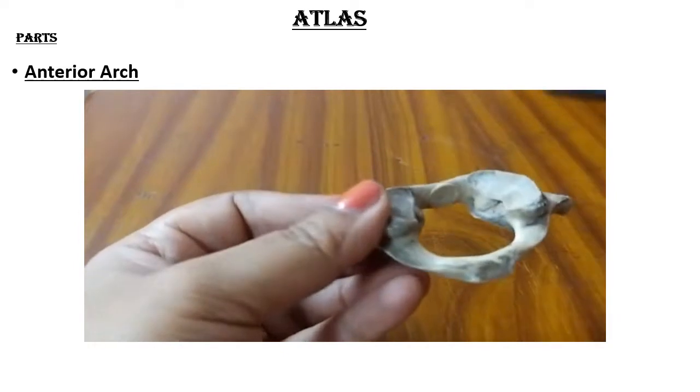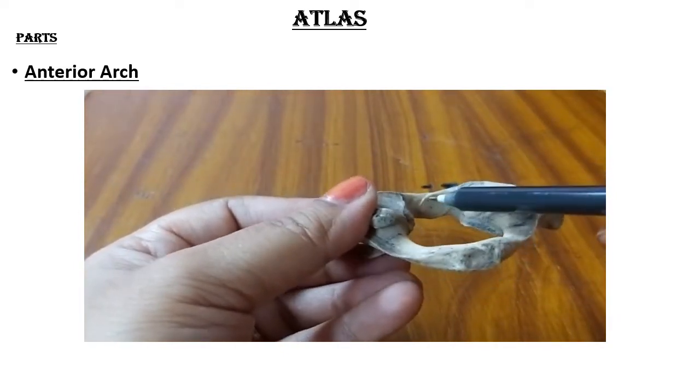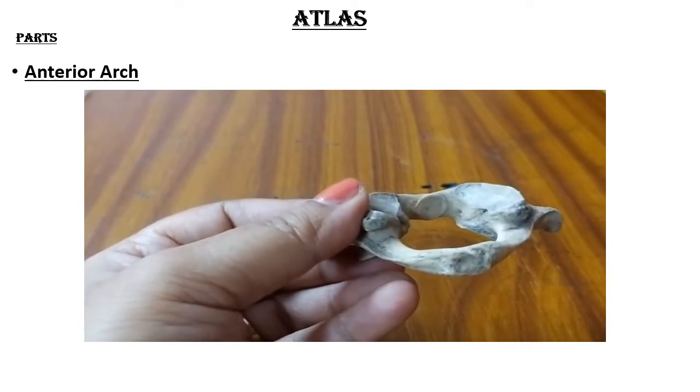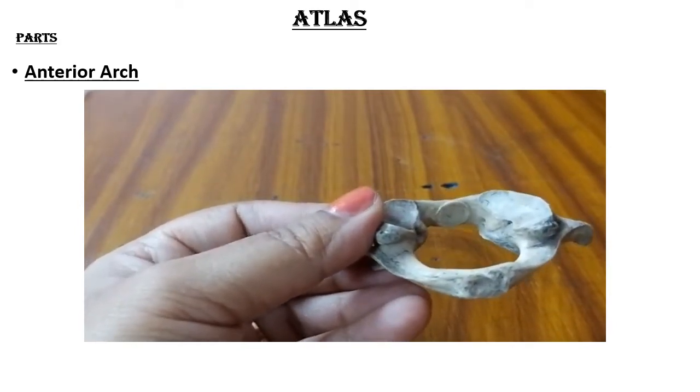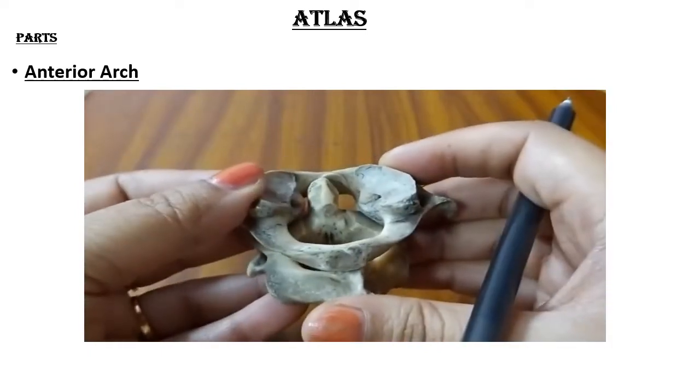Now the posterior surface presents a median oval facet. This is for articulation with the dens of the axis.